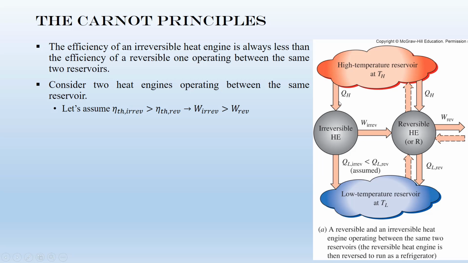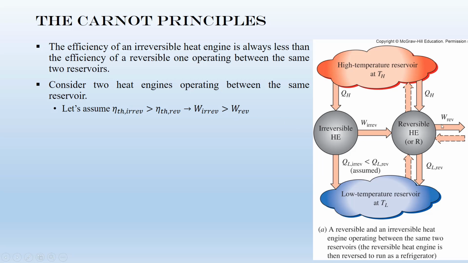Then let's assume that these two heat engines get the same QH from this heat source. Now let's assume that the thermal efficiency of the irreversible heat engine is higher than the reversible one, we can show that the W irreversible is higher than the W reversible, correct?